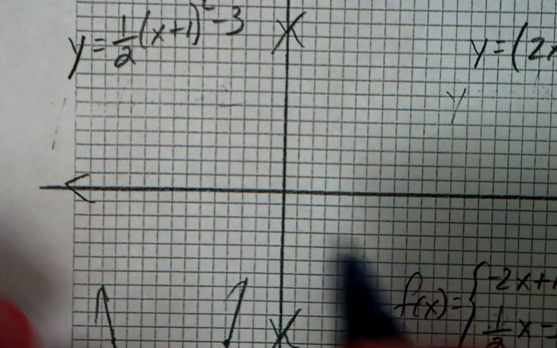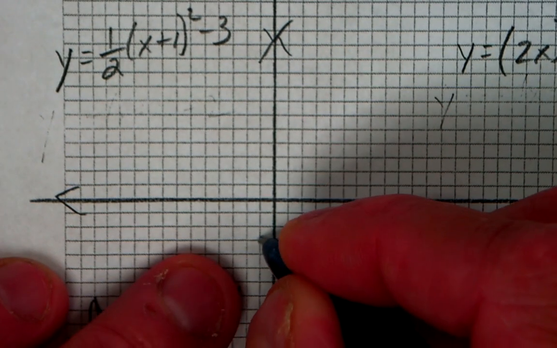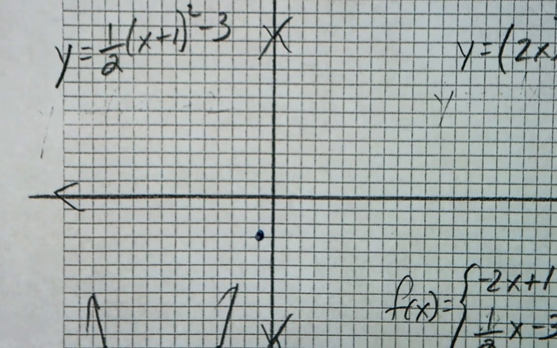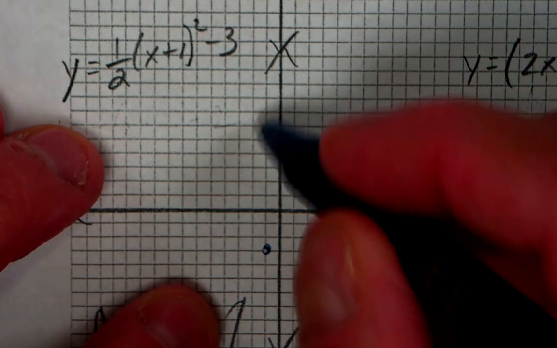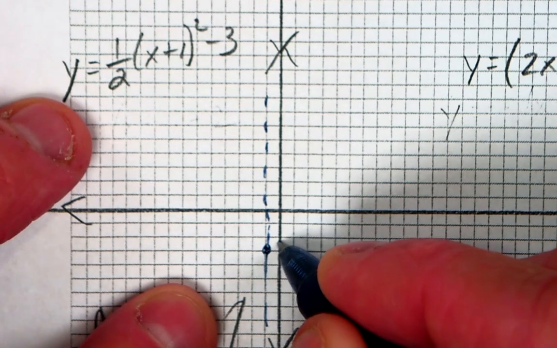Okay. So I'm going to do this for you. -1, -3. Is this one going to open up or down? Up. We usually go over 1 up 1, but in this case it's going to be half as tall, so we'll go over 1 up a half.